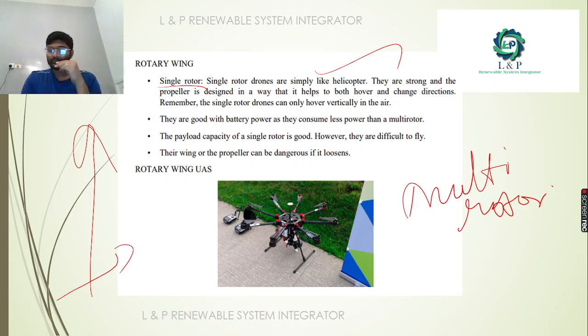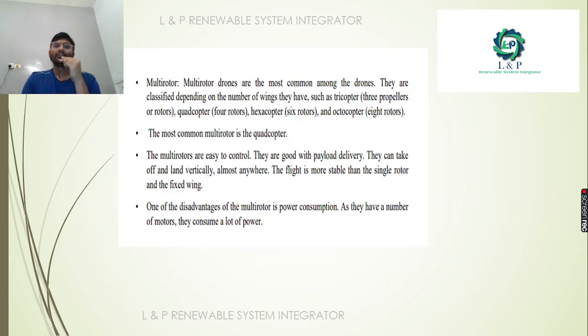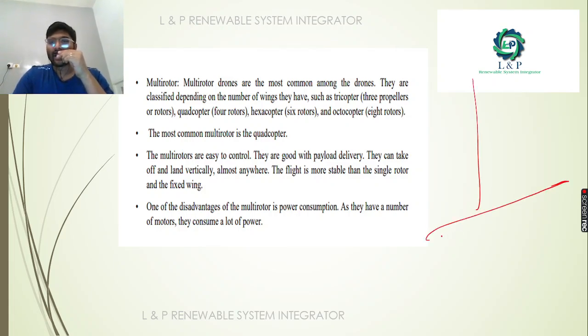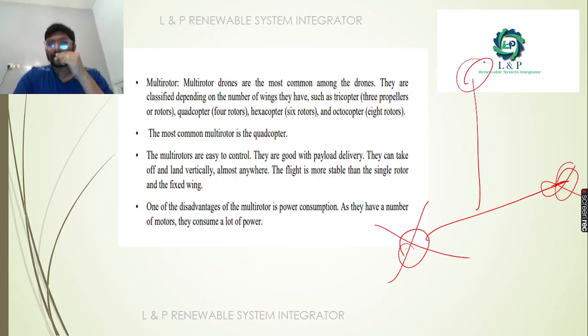Next is the multi-rotor. Multi-rotors are the most common among the drones we often use. Based on the number of wings, we classify them. The tricopter has three propellers. The quadcopter has four rotors installed on it.